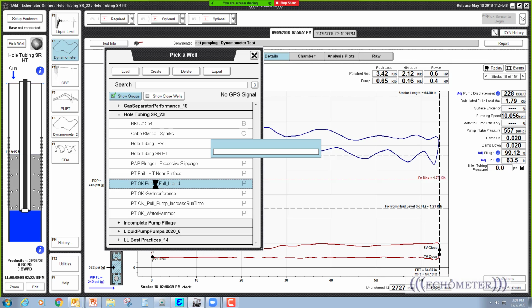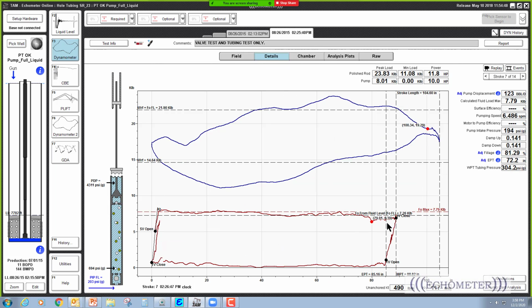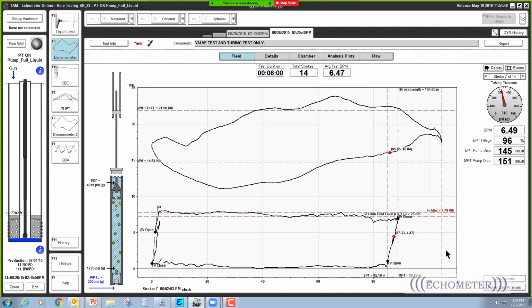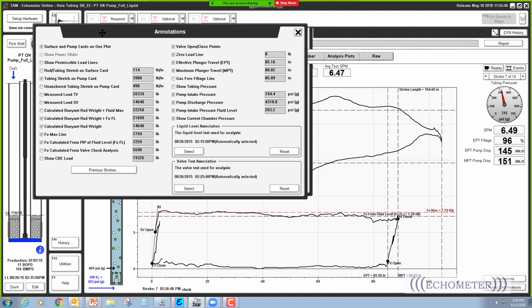All right, this one is a good one to look at, because when we pressure test, this is a full pump, and if we go to the field view and go into annotations and look at the annotations, there's an option here where we can show the pressure test. Show tuning pressure.